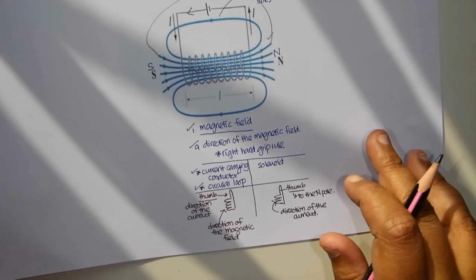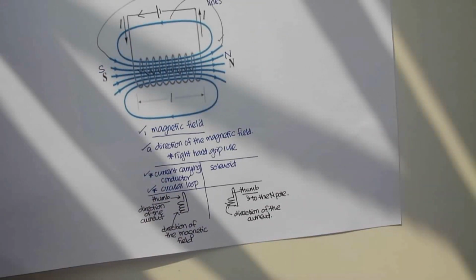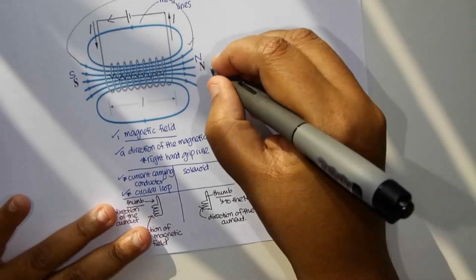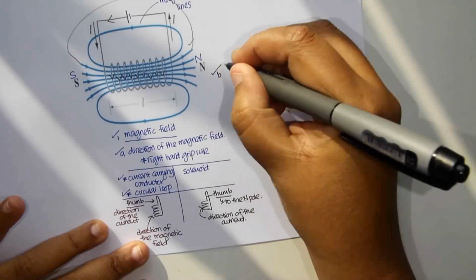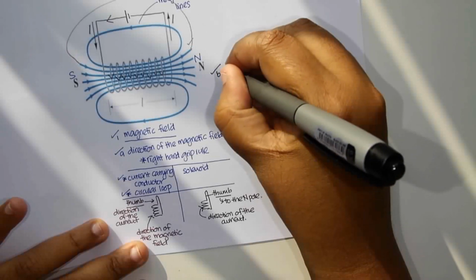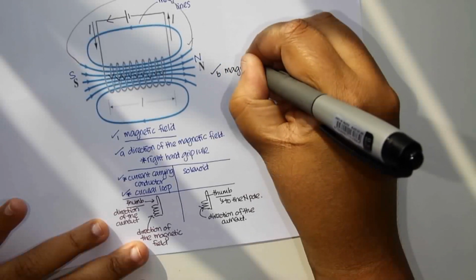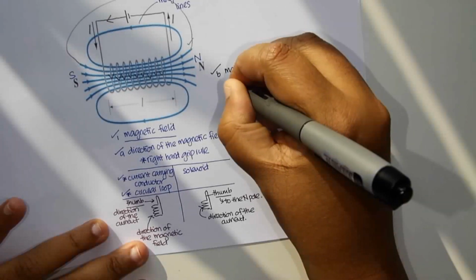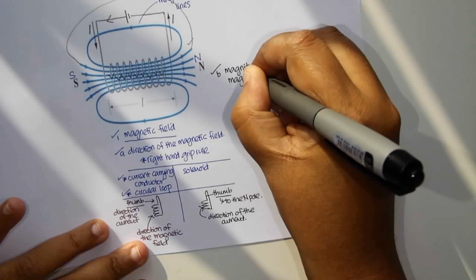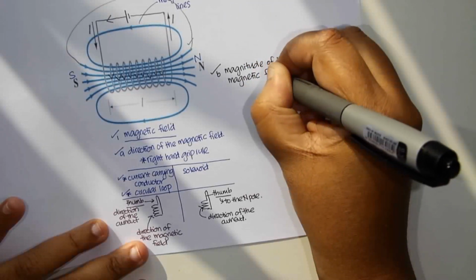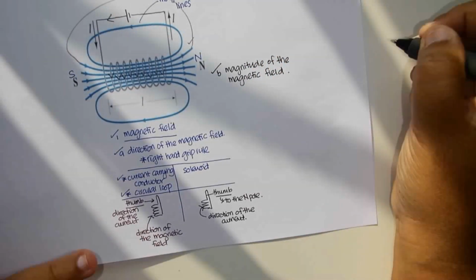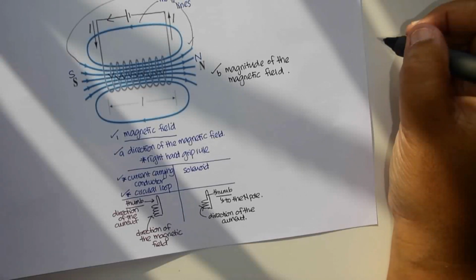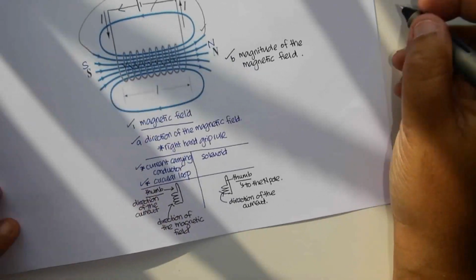Okay, now let's look at the magnitude of the magnetic field. Okay, number 2, B, magnitude of the magnetic field. Now the magnetic field is uniform inside a long solenoid.